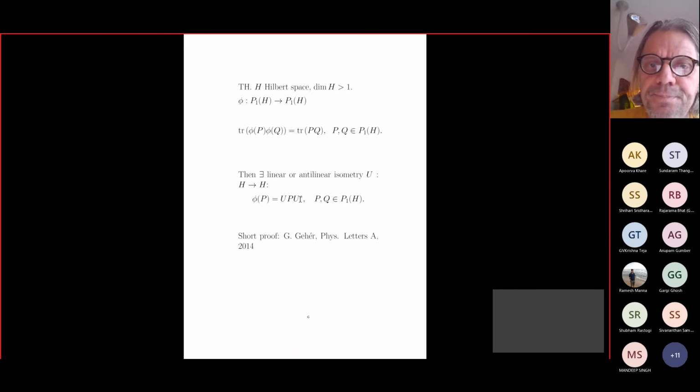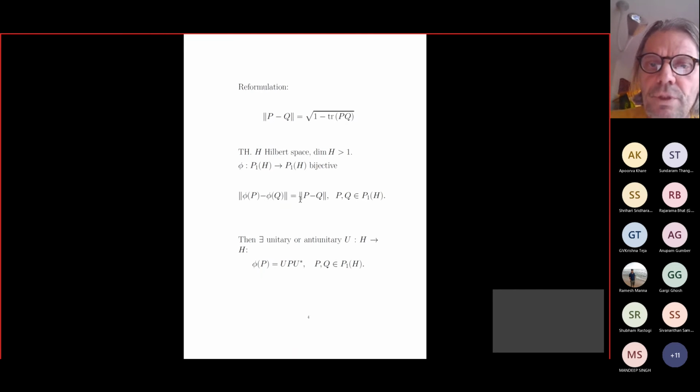If we go back to the case of projections of rank 1, we are considering isometries. What is the distance between P and Q? What is the distance between one-dimensional subspaces? This distance can be expressed with the angle.